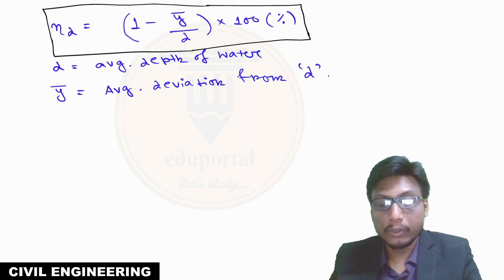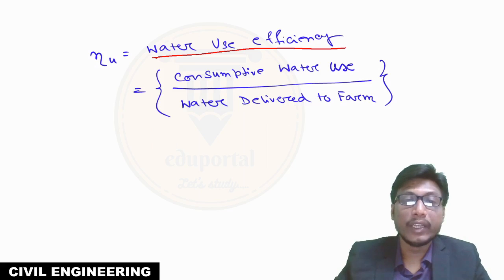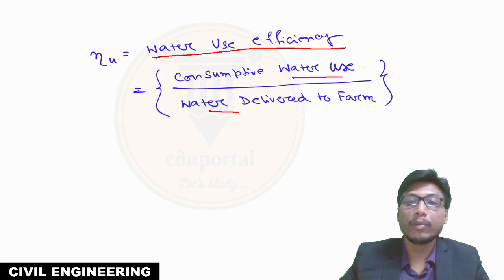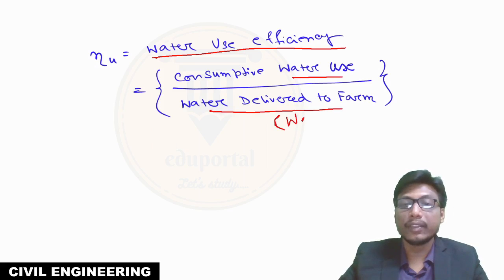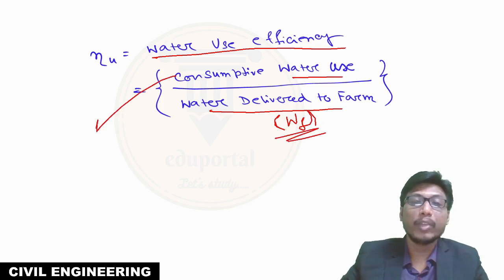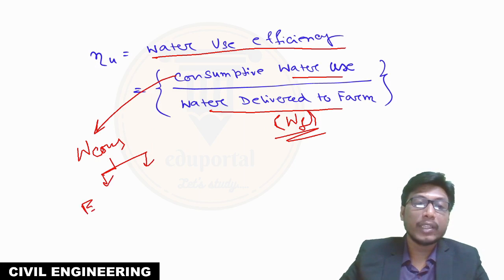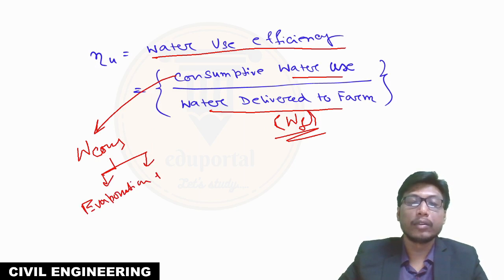Okay, now the next one is water use efficiency. Now it is the ratio of consumptive use of water to water delivered to the farm, that is water diverted to the field. So it is WF, as you know, water diverted to the field. And consumptive use, what is water consumptive use? Consumptive use means evapotranspiration, that is evaporation plus transpiration.